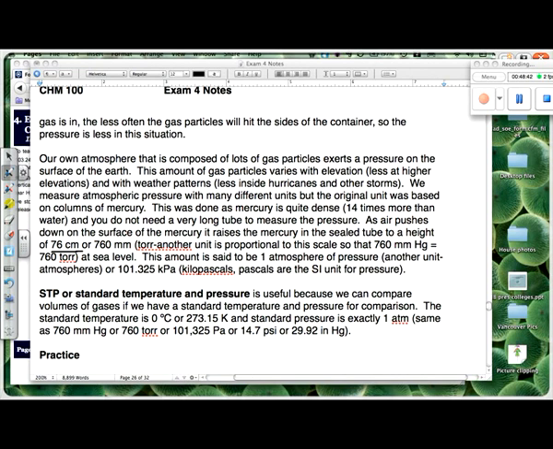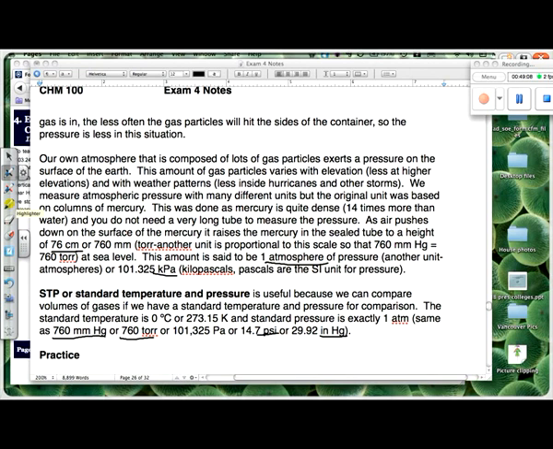So some different units that we use for pressure are atmospheres of pressure, kilopascals, pounds per square inch, PSI, inches of mercury instead of centimeters of mercury, millimeters of mercury instead of the centimeters, 760 torr.